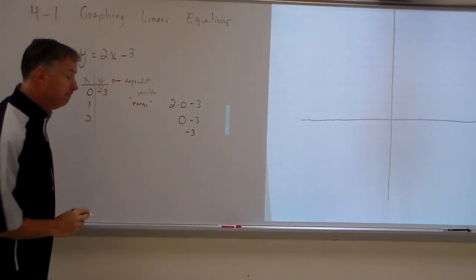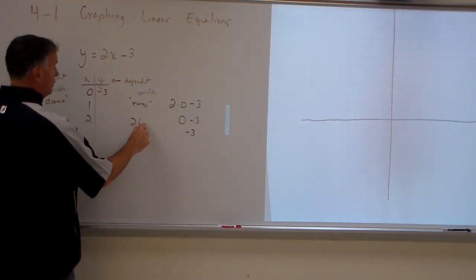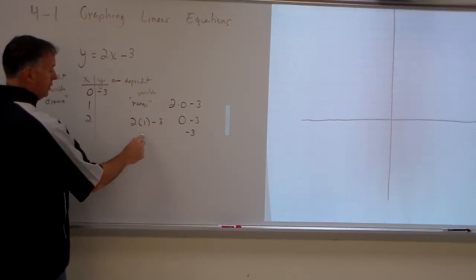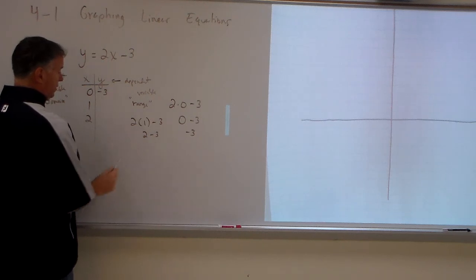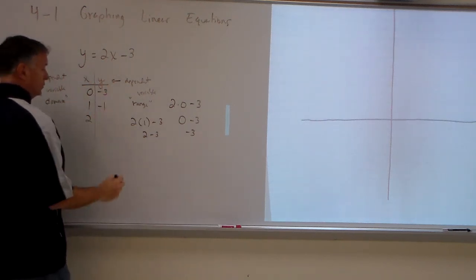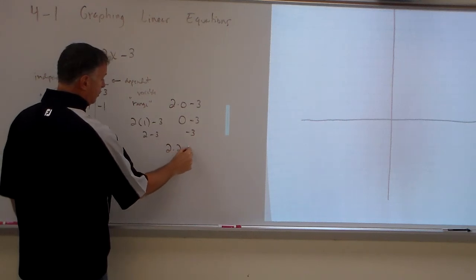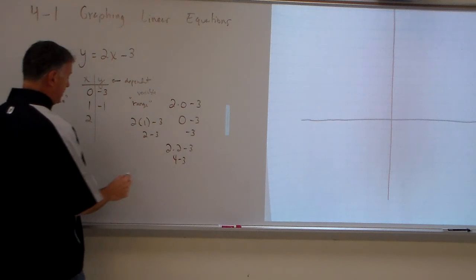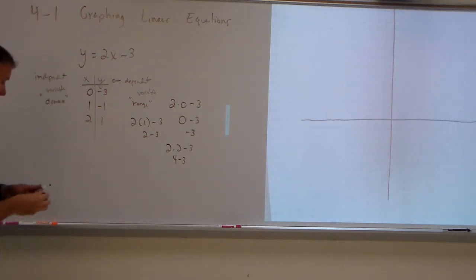Let's plug in a 1. 2 times 1 minus 3. 2 times 1 is 2, and 2 minus 3 is negative 1. And let's plug in a 2. That's 2 times 2 minus 3. 2 times 2 is 4, and 4 minus 3 is 1.